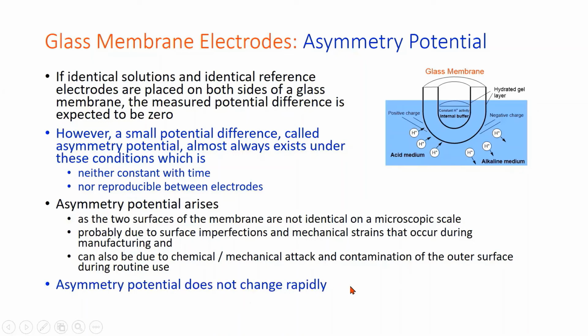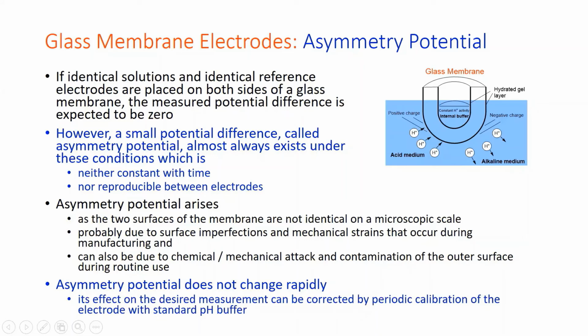Asymmetry potential does not change rapidly. Its effect on the desired measurement can be corrected by periodic calibration of the electrode with standard pH buffer.